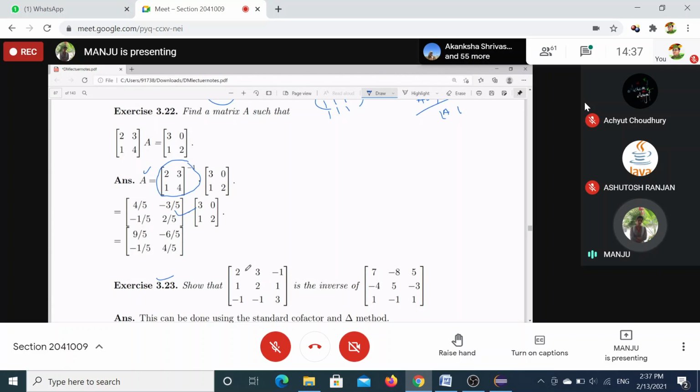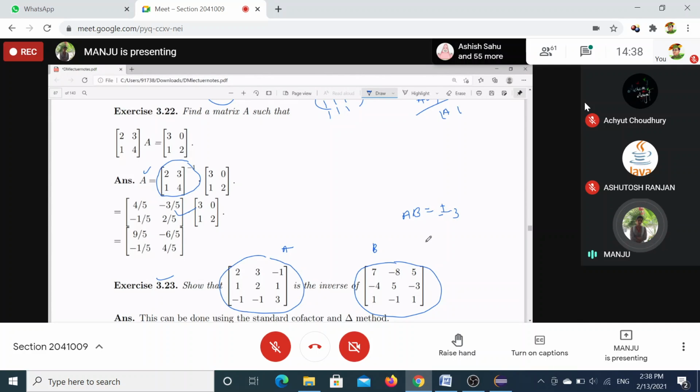In this one, you need to show that this matrix is the inverse of this matrix. Again, there are two ways. If this is A, this is B. One way, the simplest one, just multiply them. Are you getting I_N? In this case, I3, the identity of order 3.